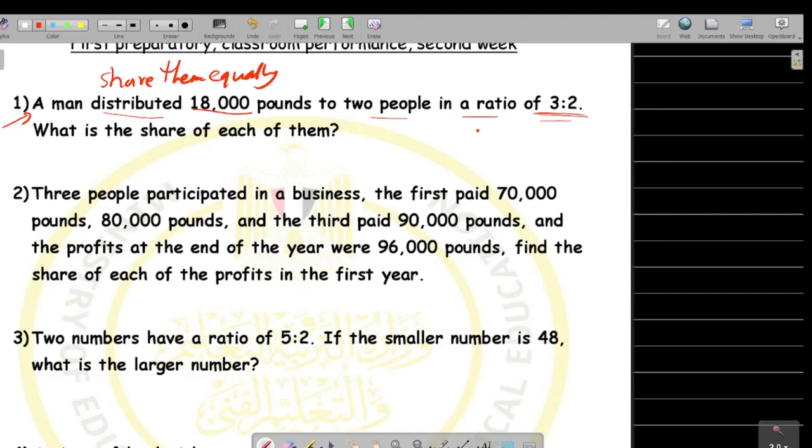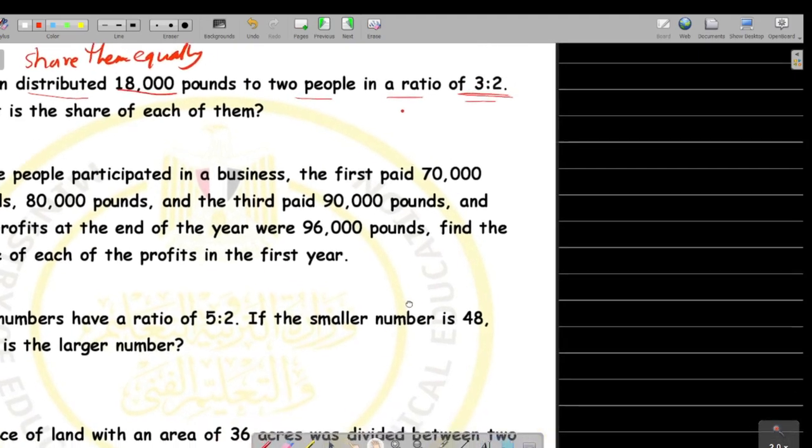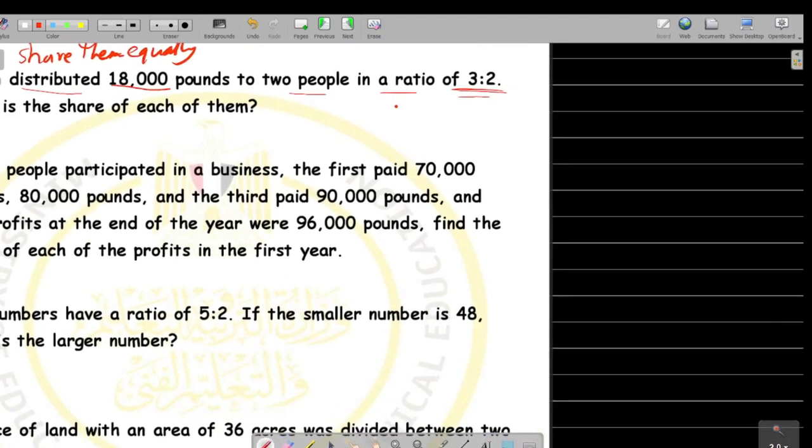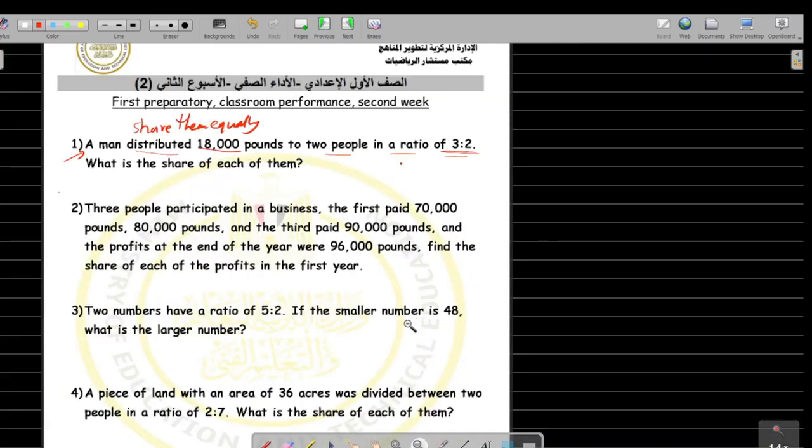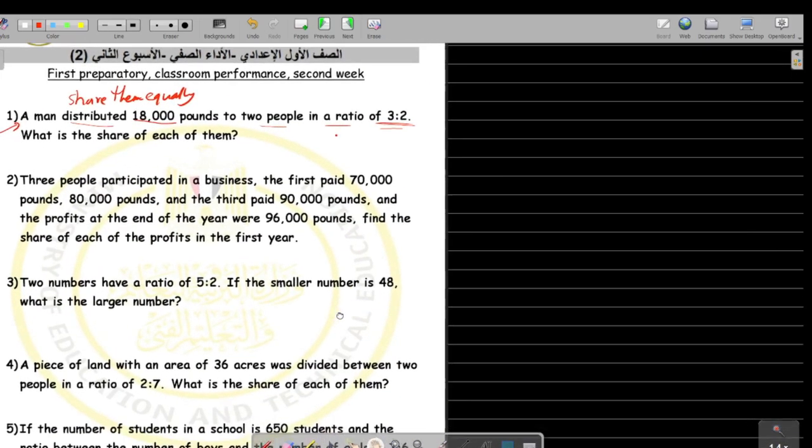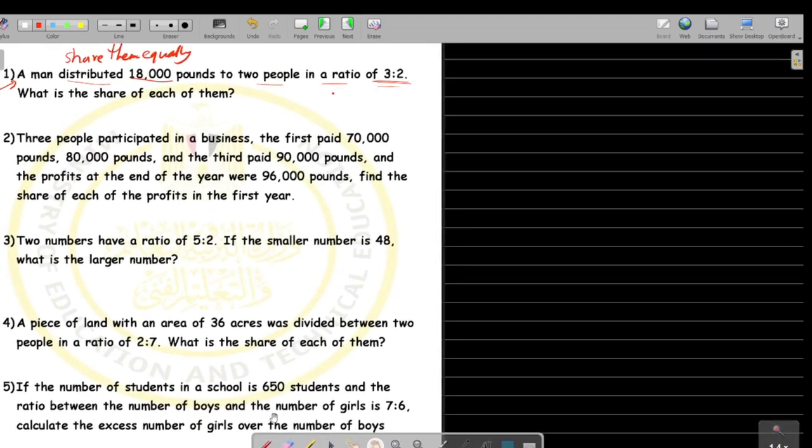Look, a man here distributed what? 18,000. I'll make it smaller. This is the man. He has a lot of money. He has 18,000 pounds. He wants to share them between 2.